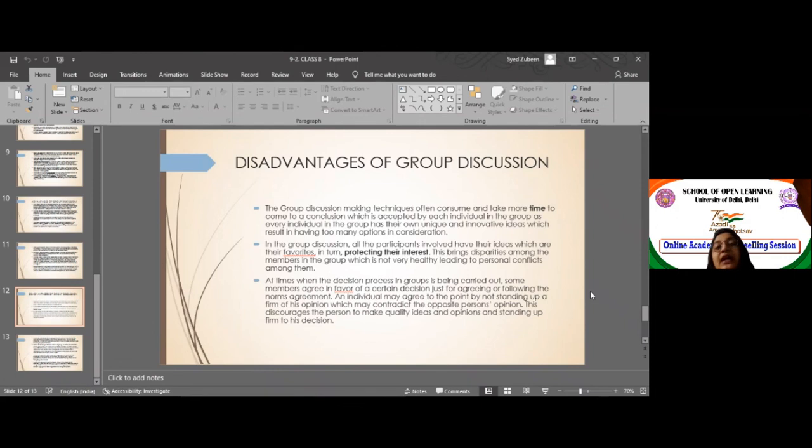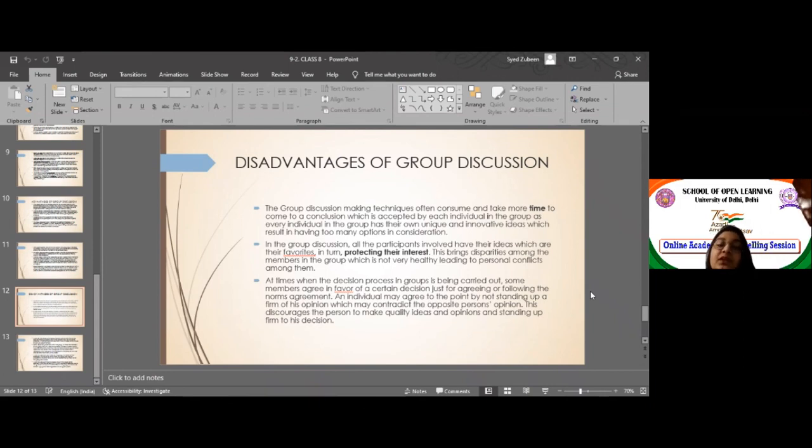So a lot of times it happens in an organization that you have these camps, these groups that are formed, and if they are part of a group discussion, then they will use their opinion to their own personal advantage, right? So in a way they are going to be protecting themselves, right? You can have a group discussion on something that benefits certain employees, or does not benefit certain employees, right? So a lot of these group discussions can in a way be rigged.